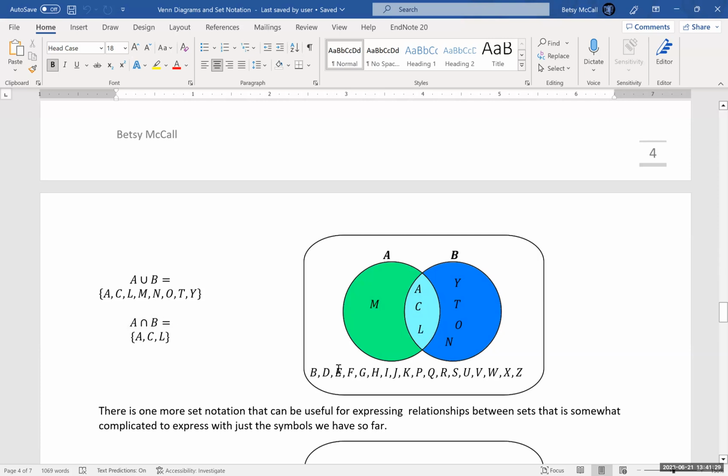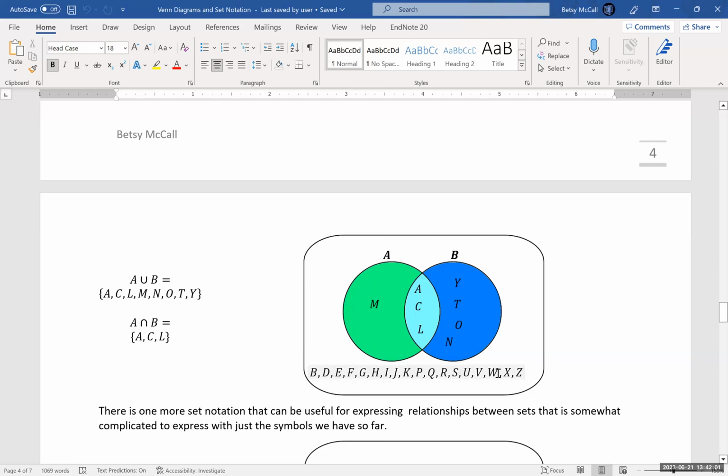And then all the letters in Clayton were C, L, A, Y, T, O, N. The letters that they have in common are A, C, L. The letters in the union are all the letters listed inside the blue or the green or the cyan overlapping regions: M, A, C, L, Y, T, O, N. All the letters in the universal set are just all the letters in the English alphabet in this example.